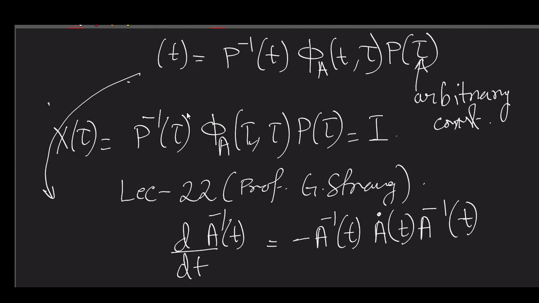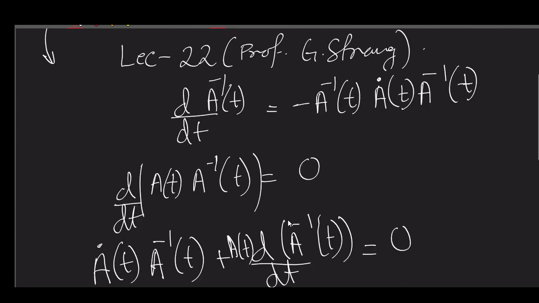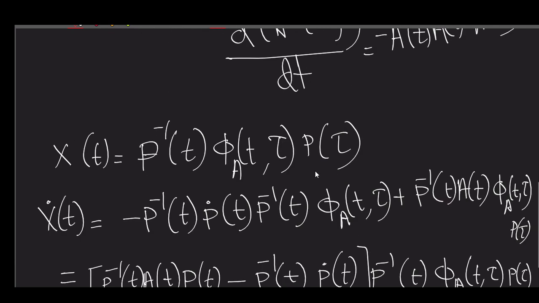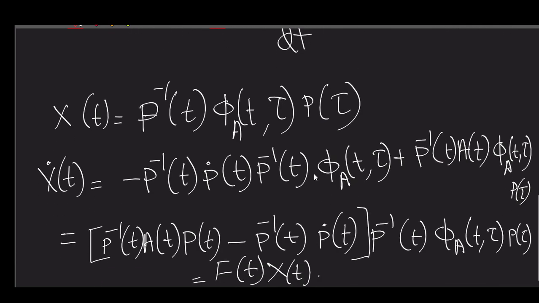Otherwise you will get confused with that previous x. So let it be z t, then it will become as well.